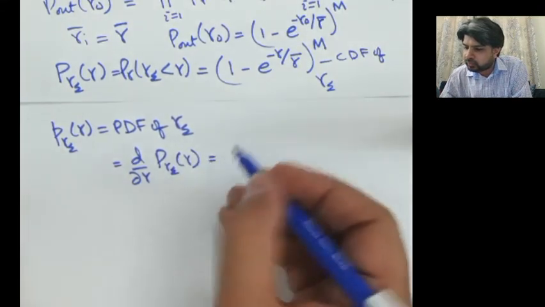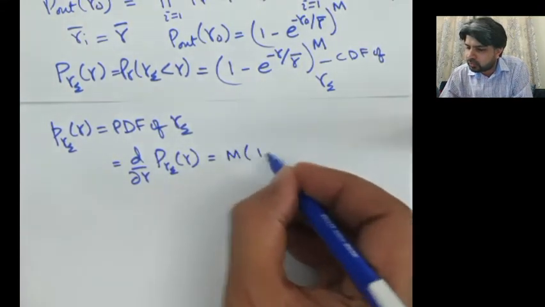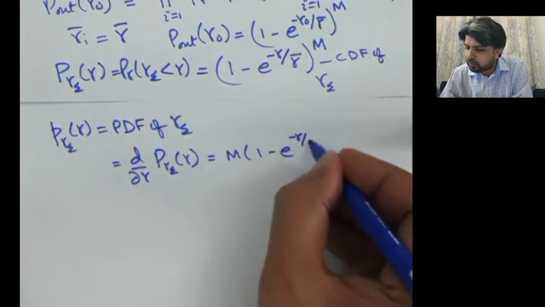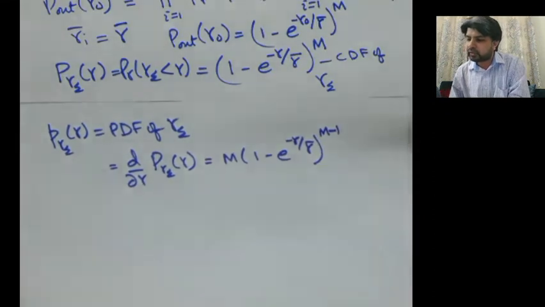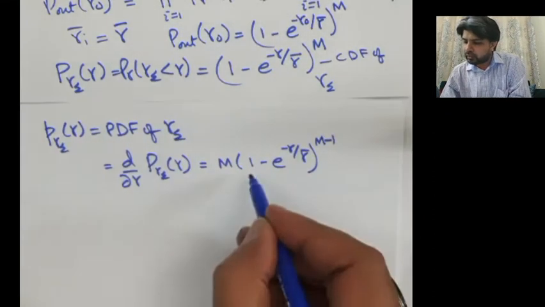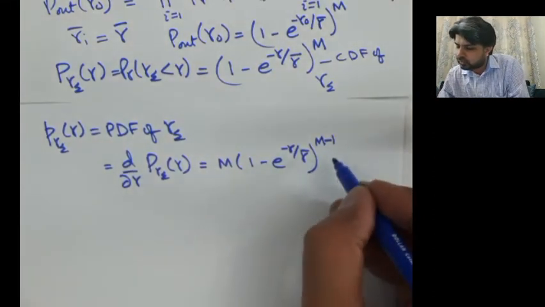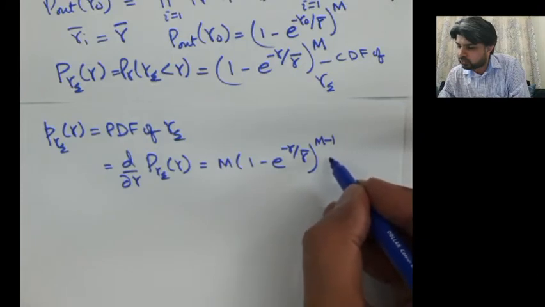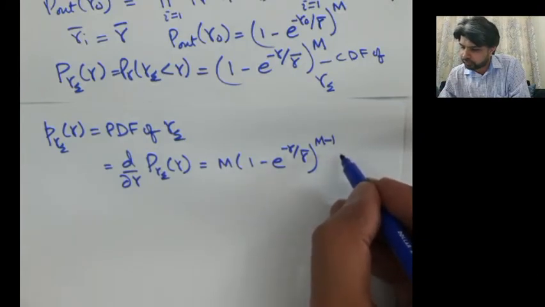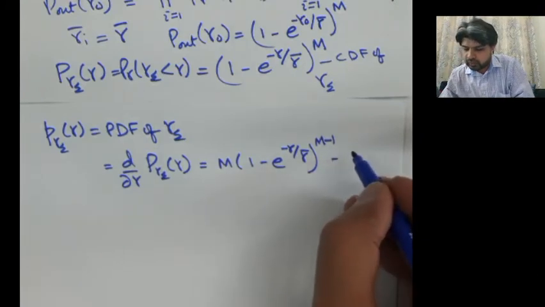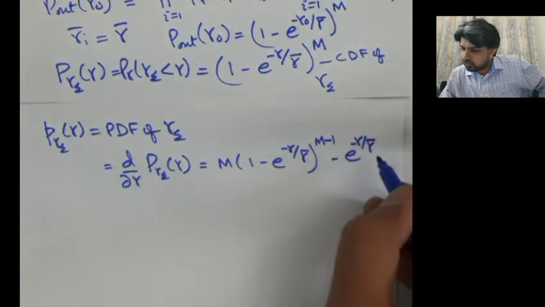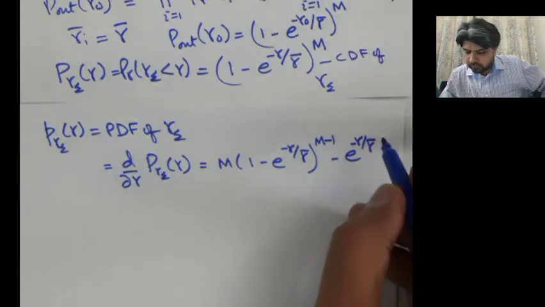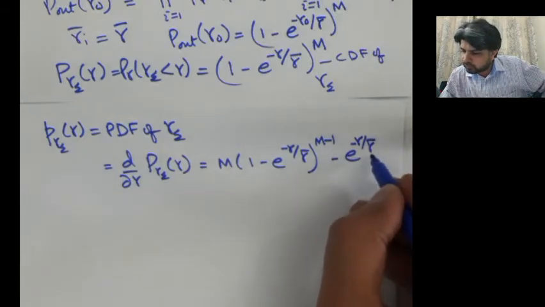That would be equal to M times 1 minus e to the power minus gamma over gamma bar, whole to the power M minus 1, multiplied by the derivative of this internal function, which is minus e to the power minus gamma over gamma bar multiplied by minus 1 over gamma bar.